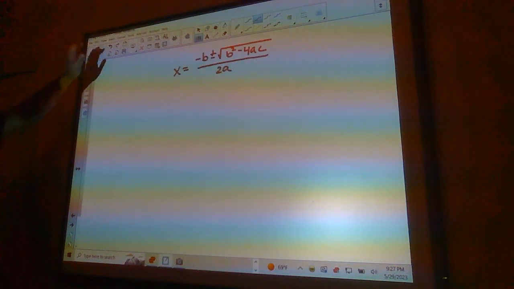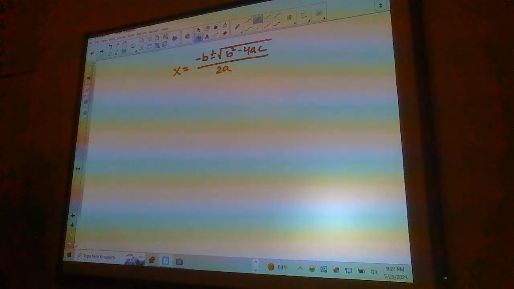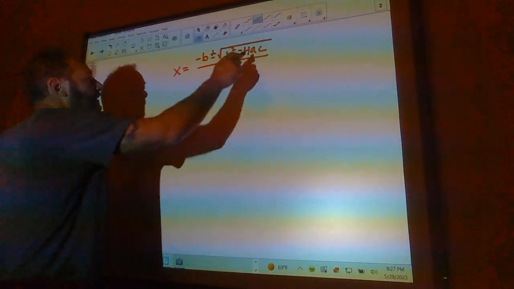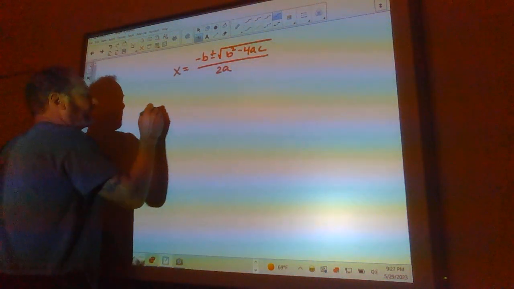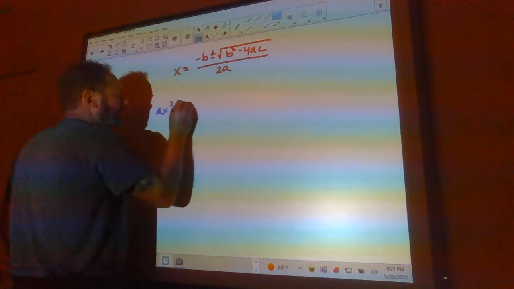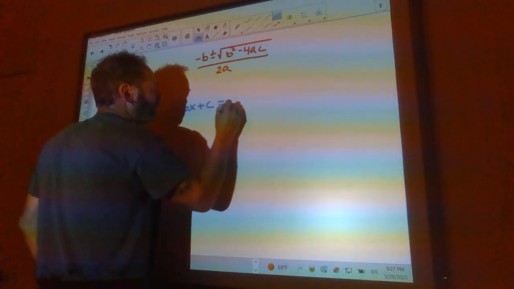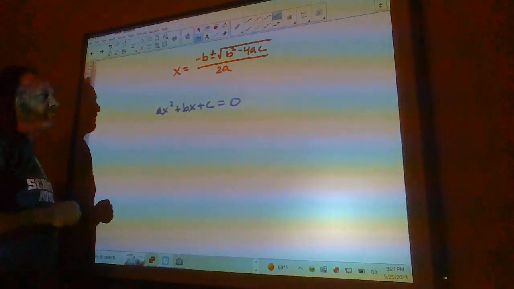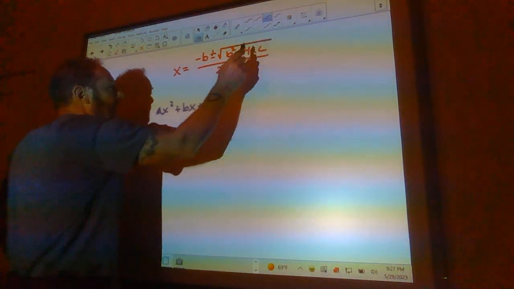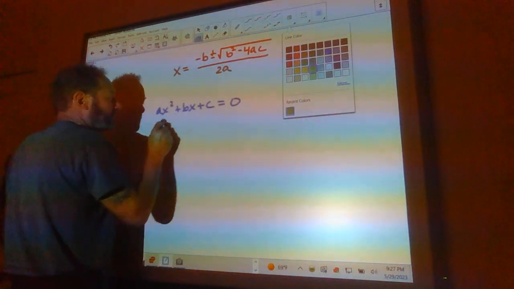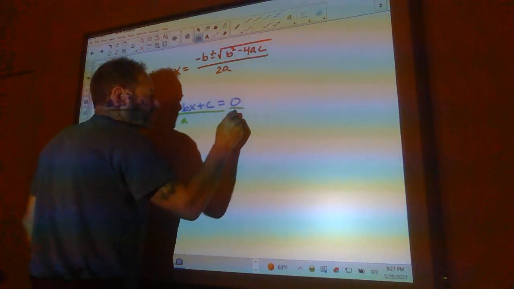Okay. Why is that the formula? Can you prove that formula? Well, you should be able to do this. I have ax squared plus bx plus c equals 0. The first thing I want to do is divide this whole thing by a.